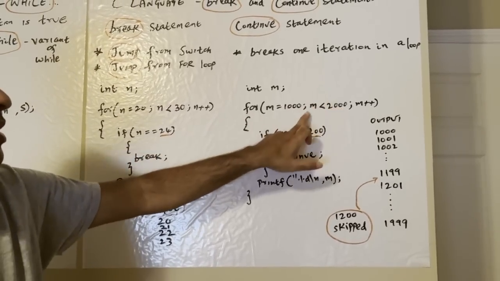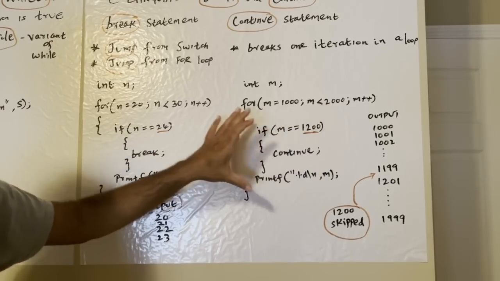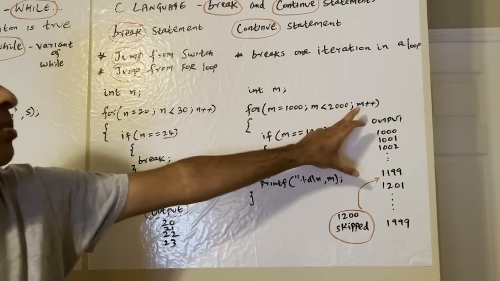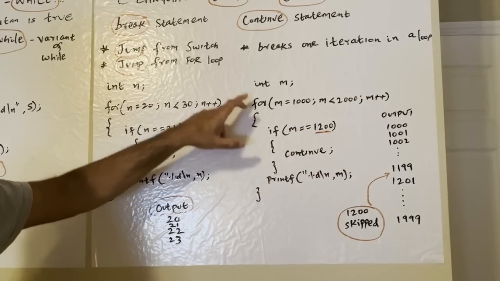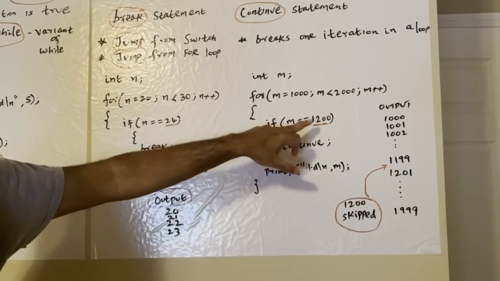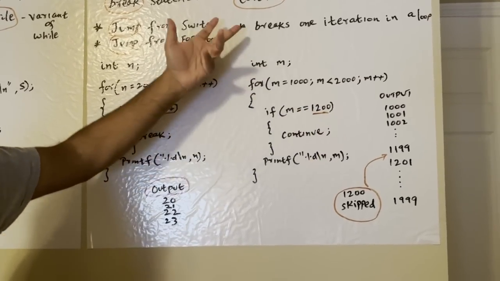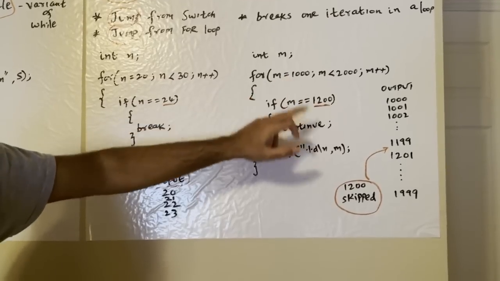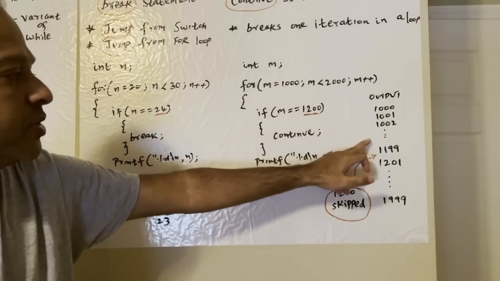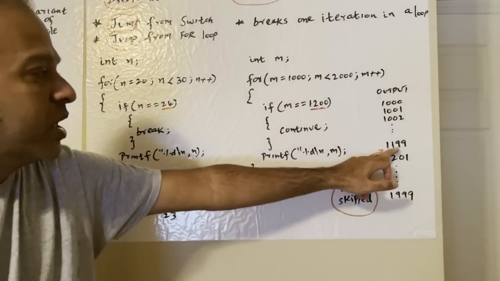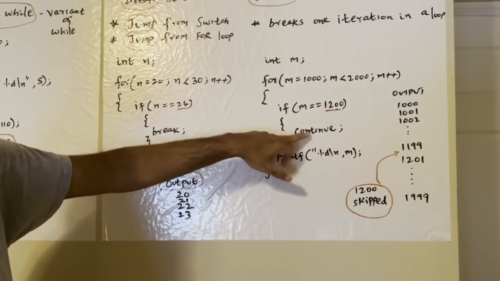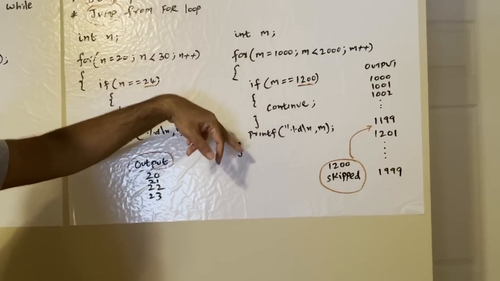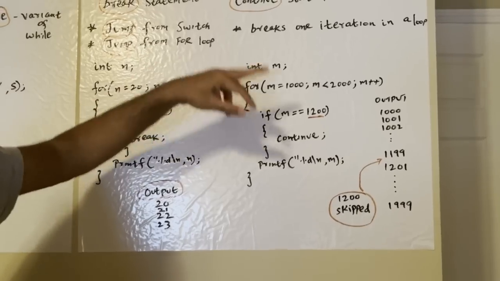This is the condition: when m is less than 2000, keep doing this loop. m++ means increment by 1. The first time it comes here, if m equals 1200, it's not, initially it's 1000. So it's going to keep printing 1000 and so on. When it comes to 1199 and then 1200 comes, since we put continue, it's going to skip that, and then the loop goes on.